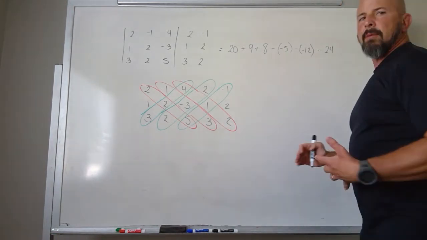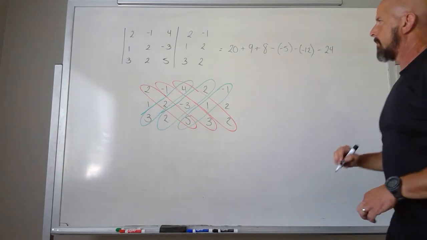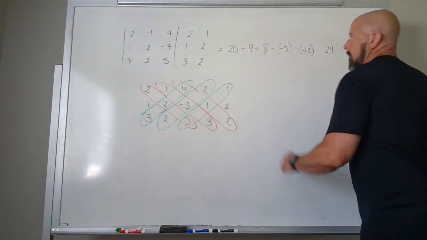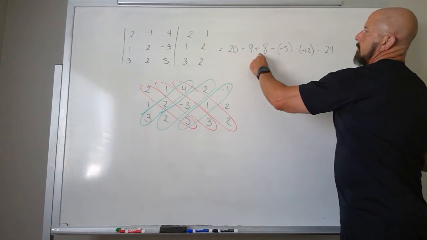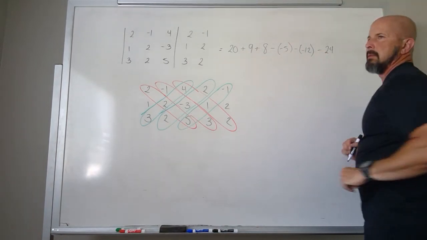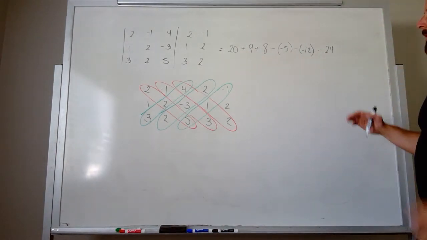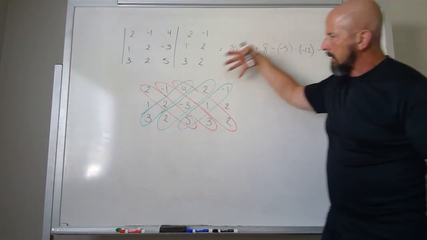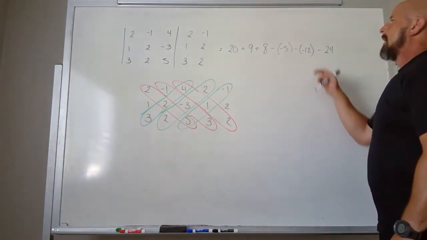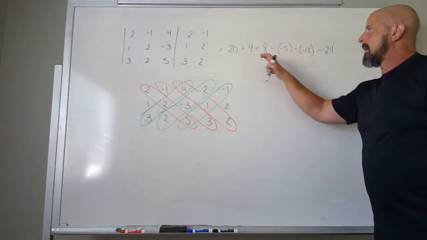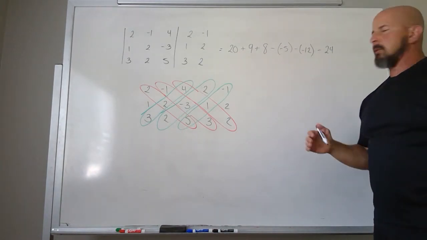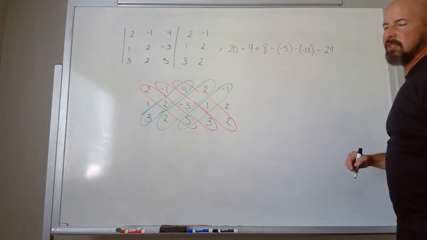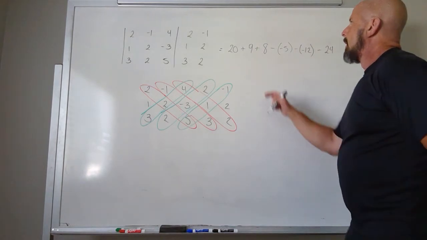Now, I know that minus a negative is a positive, but usually I'll write it like this so that I remember it was plus, plus, plus, minus, minus, minus. Okay? So I remember if I'm looking at the reds, if I'm coming down this way, we're adding. If I'm going back the other way, I'm subtracting. If one of these had ended up being negative, I'd have it in parentheses with those pluses out there. Now it's just simplifying the values.